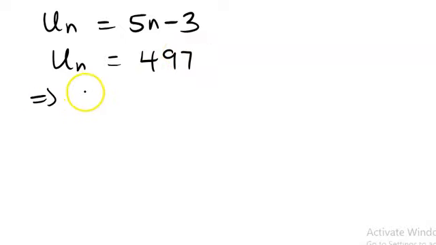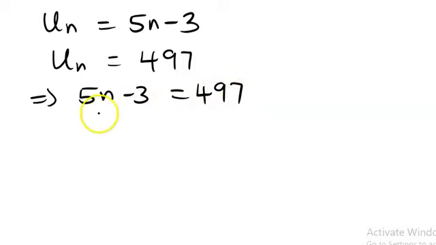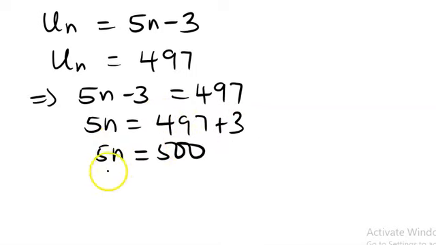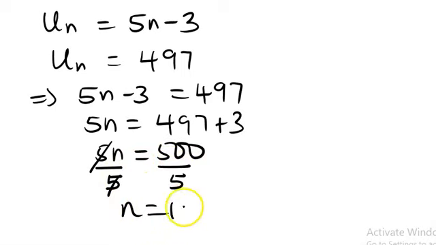So this implies that 5n minus 3 is equal to 497. And 5n will be 497 plus 3, so 5n is 500. Let's divide both sides by 5. We are getting n to be 100. So the 100th term will give us 497.